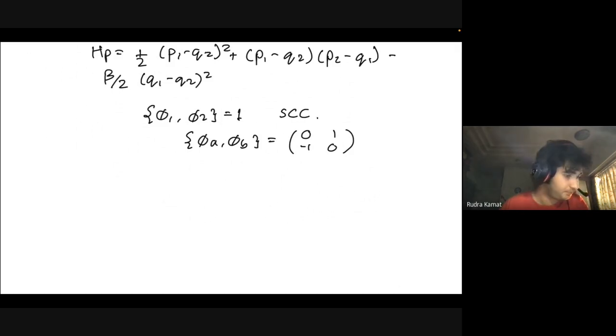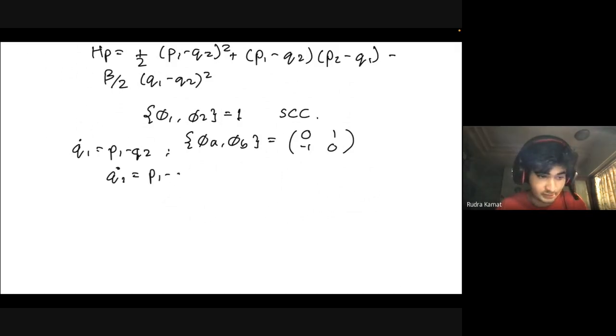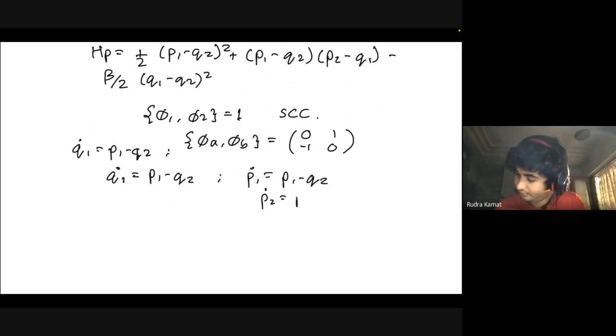Which ends up giving us q1 dot is p1 minus q2. q2 dot is p1 minus q2. p1 dot is p1 minus q2. p2 dot is p1 minus q2.